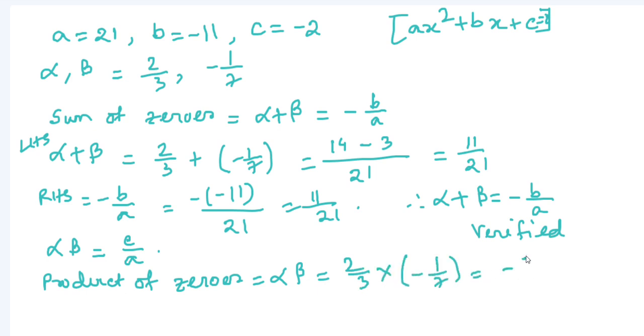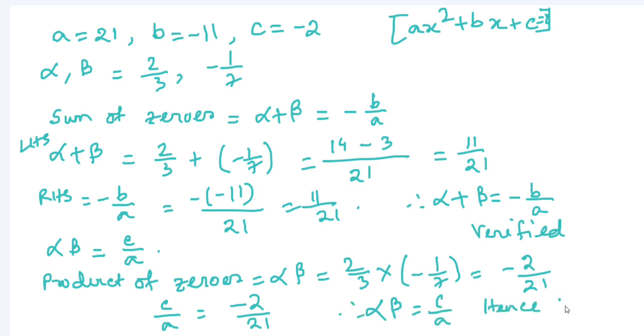It's coming minus 2 by 21. Now c by a: c is minus 2, a is 21. So we got that alpha beta is equal to c by a. So this is also verified.